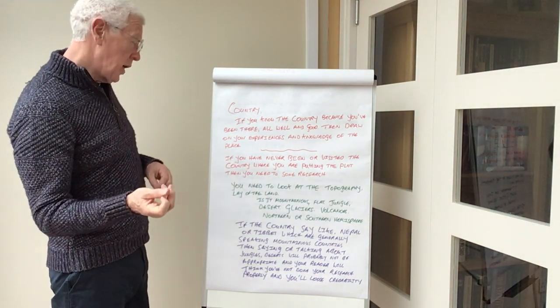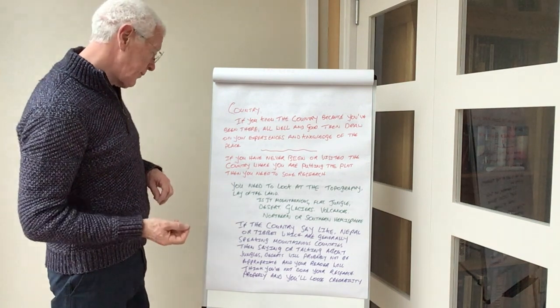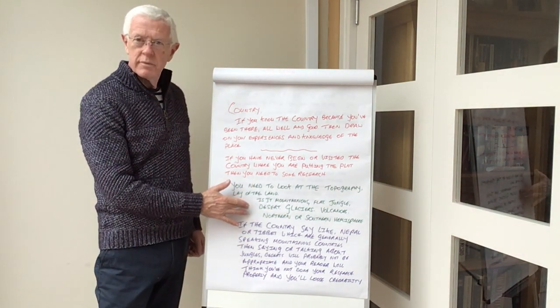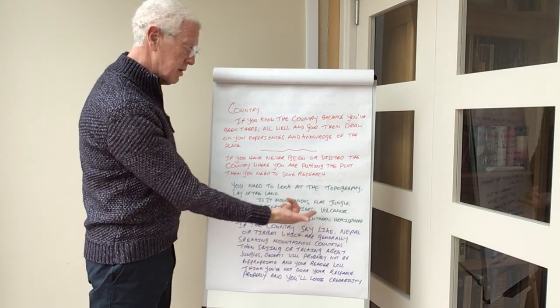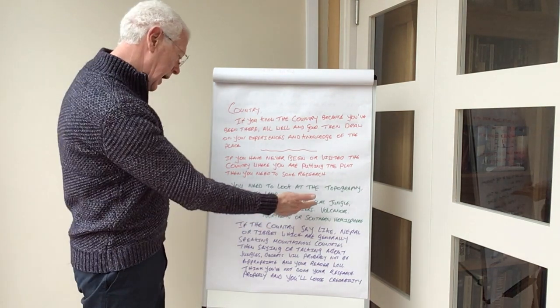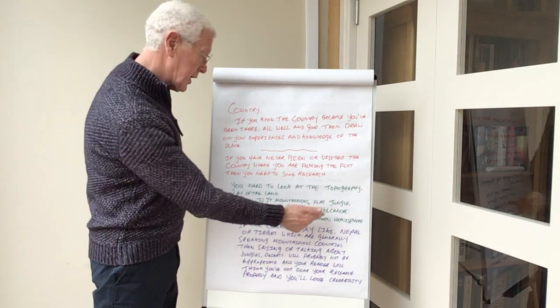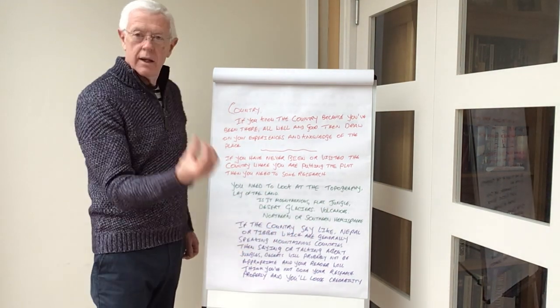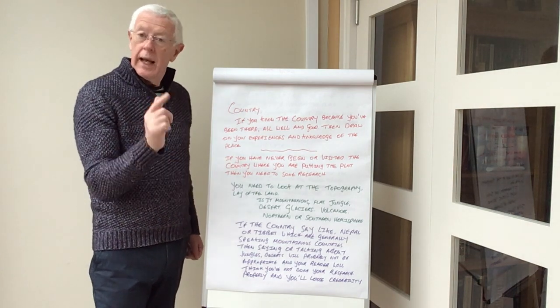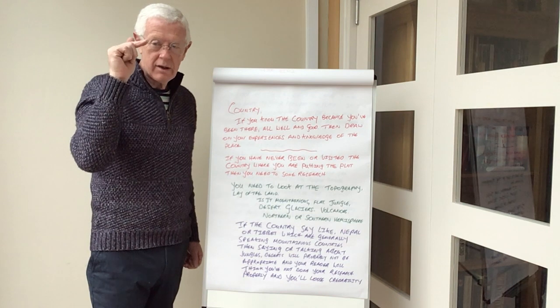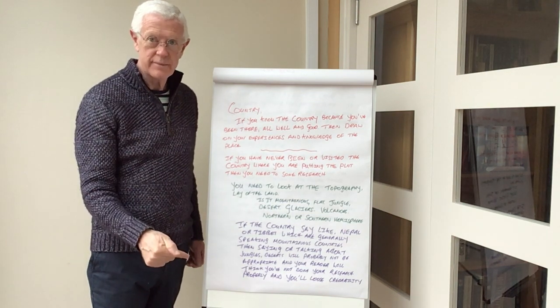So you need to look at the topography, the lay of the land. Is it mountainous? Is it flat? Is it jungle? Is it a desert? Are there glaciers there? Are there volcanoes there? That's all important. Equally, is your country in the northern hemisphere or in the southern hemisphere?